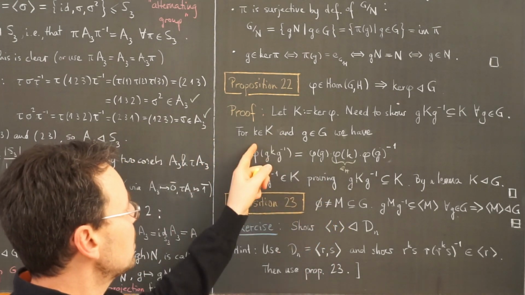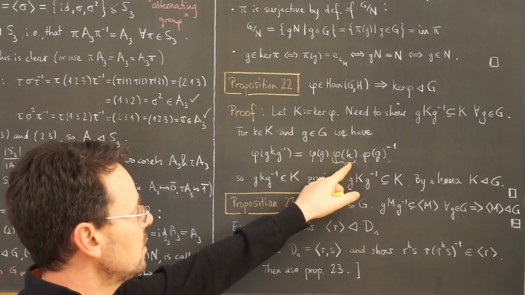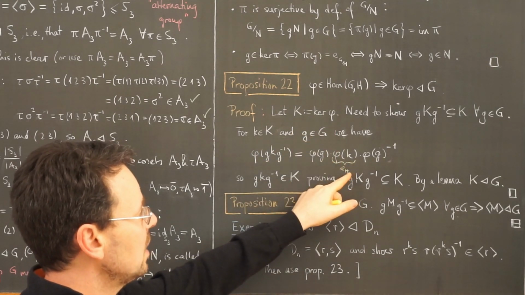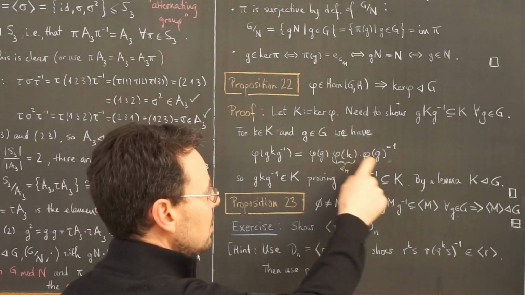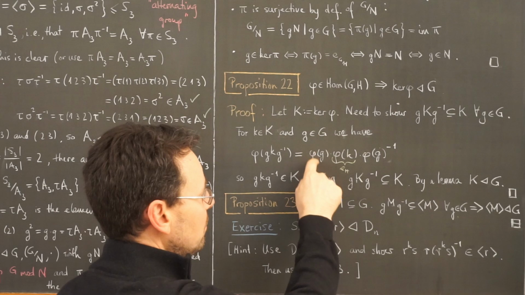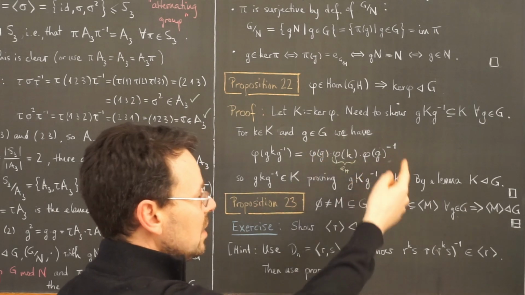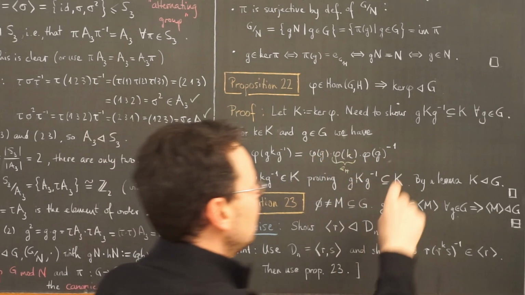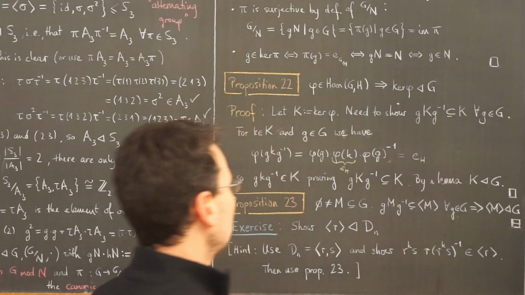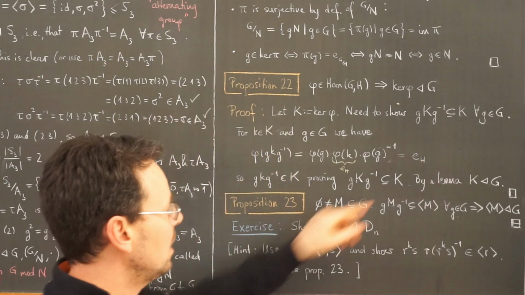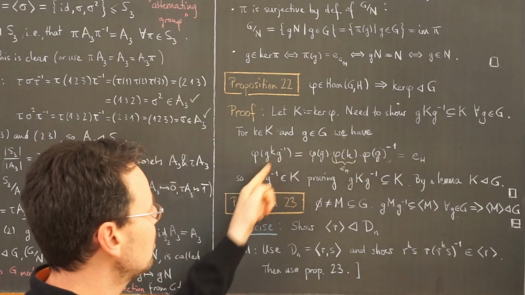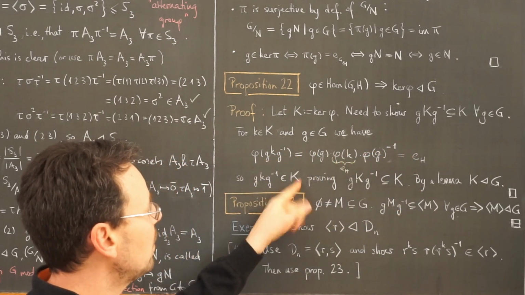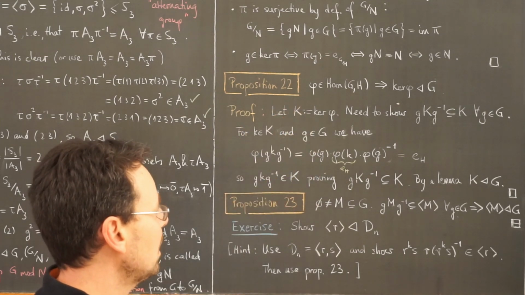But K was an element of the kernel of phi, so I already know that this here is the identity of H. And then I can cancel these two guys, because phi of G times its inverse is again the identity. So I end up with the identity of H, and this shows that this here lies in the kernel of phi, which was the subgroup K.